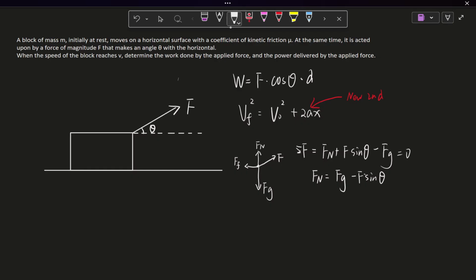For the friction force, it's pretty simple. It's just the coefficient of friction multiplied by the normal force. So Ff is equal to mu Fn, equal to mu times (mg minus F sine theta).